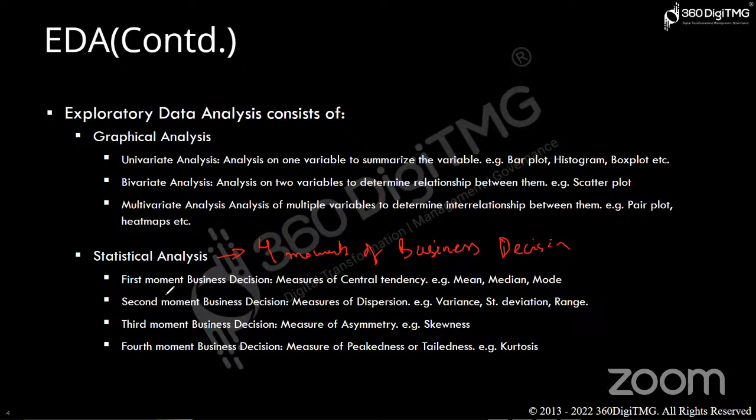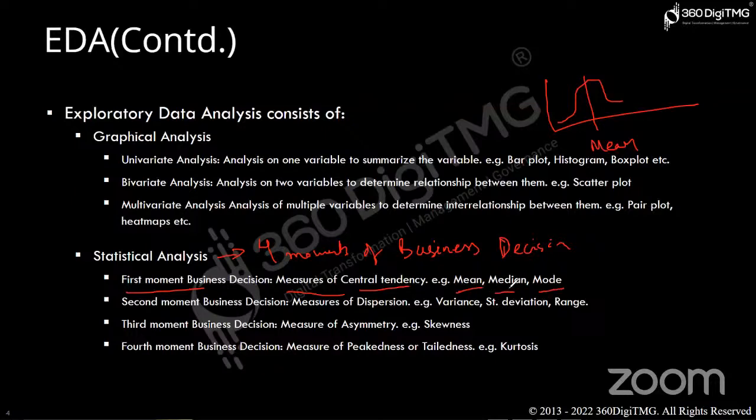Here, the first moment of business decision is measures of central tendency. Here we try to find one value which will summarize the whole data. Generally, to summarize the whole data, we take the mean. So here also we will take the mean, and also the median and mode.